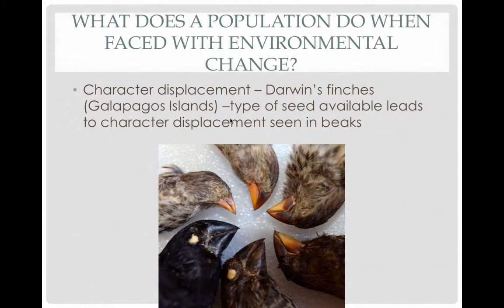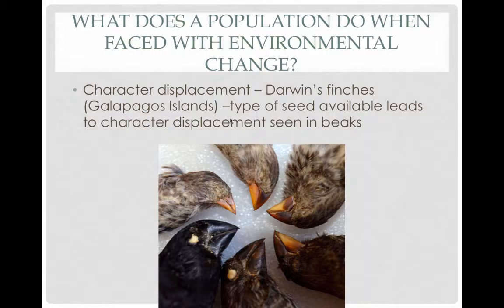As an example, some years in the Galapagos, which is where these birds are from, there are seeds with thick shells. So that means that the birds with the big crushy bills, you see lots of them after a couple of seasons because their adaptation is favored and they're more likely to survive.